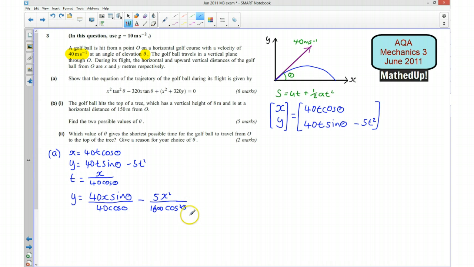Now simplifying this, y is going to be equal to, the 40's will cancel each other out, sine theta over cos theta is tan theta, so this is going to be x tan theta, take away, and the 5 and the 1600 will become 1 over 320. So we'll have x squared over 320 cos squared theta, but 1 over cos squared theta is actually sec squared theta, so I'm going to put sec squared theta up here.